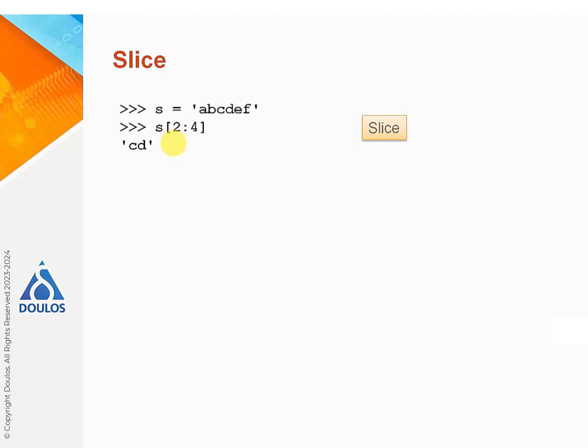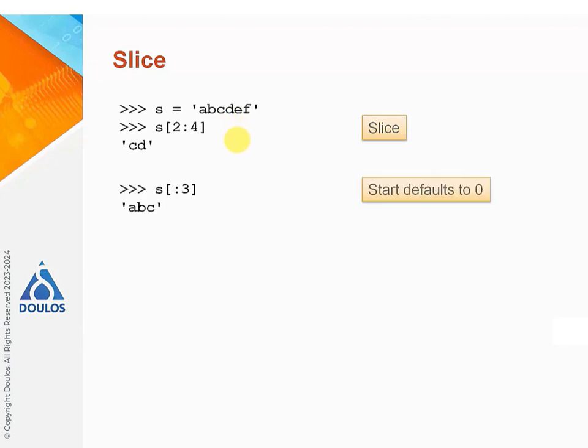So the slice starts at character 2, that's 0, 1, 2, character C, and the slice stops at character 4, and you can see that the stop index is always the index following the final character in the slice. So the slice here, 2:4, actually consists of 2 characters, C and D. The start index points to the first character, the stop index points to the character after the final character in the slice. That takes a bit of getting used to, but there are some advantages once you get used to it.